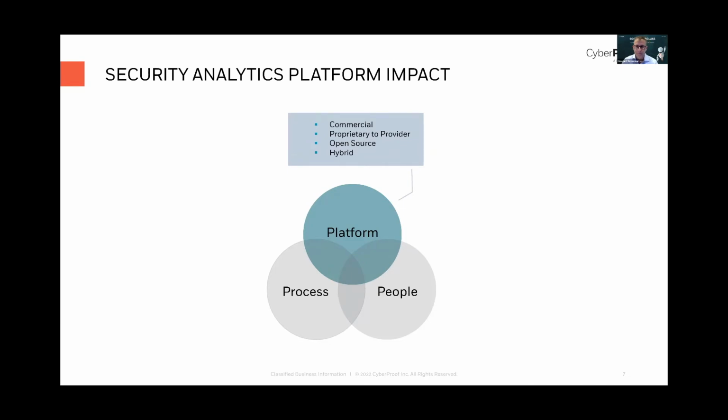Yeah, so as you think about the platform of the technology, if you will, of any service provider, there's a number of things that you have to ask yourself, right? There are a number of platforms out there that are well known. They're commercial. You can buy them off the shelf. They're very customizable. There are service providers that have a proprietary platform that they're the only ones that can use. You can't buy it as a product and take it anywhere.